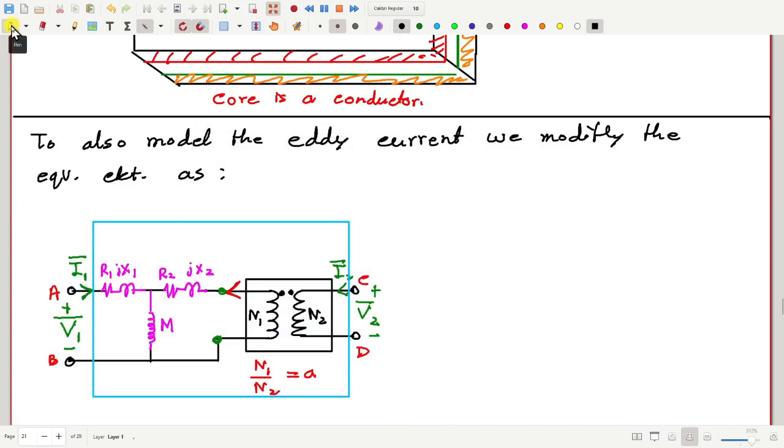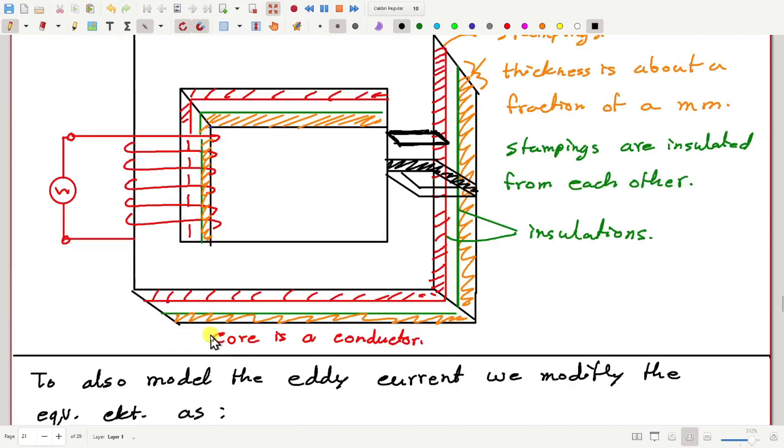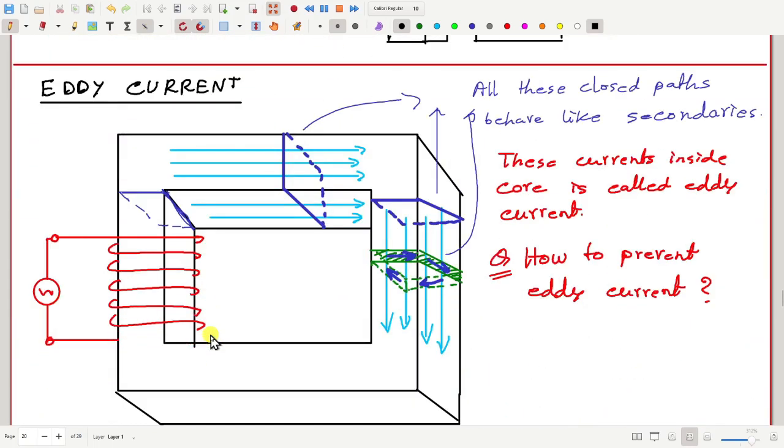Now we can put maybe one resistance here. Why? Because in this circuit, if I put a secondary coil, let me put it here.